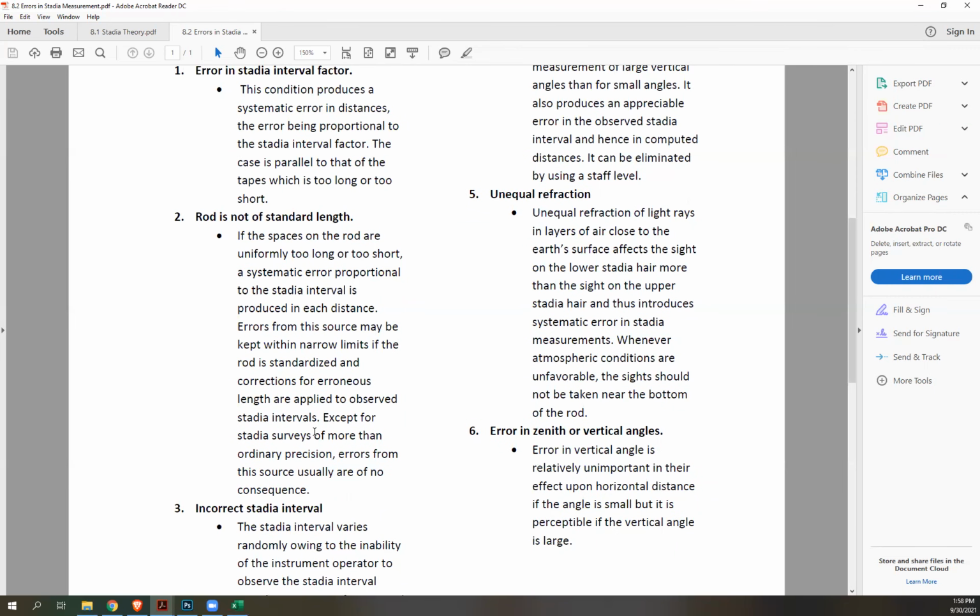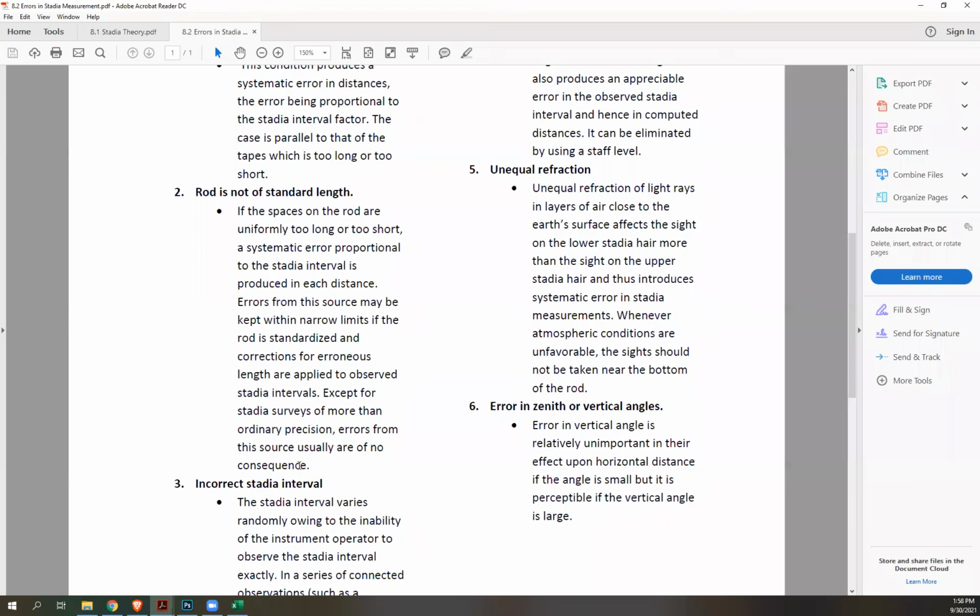Except for stadia surveys of more than ordinary precision, errors from this source usually are of no consequence. So in regular surveying work, your rod being too long or too short won't affect the outcome too much. Again, the exception is if your project requires exceptional precision.